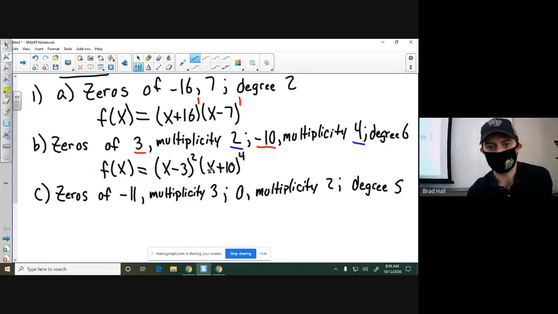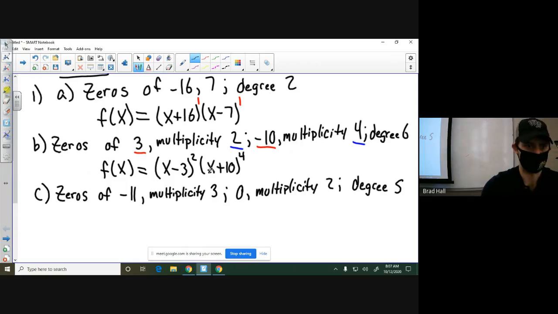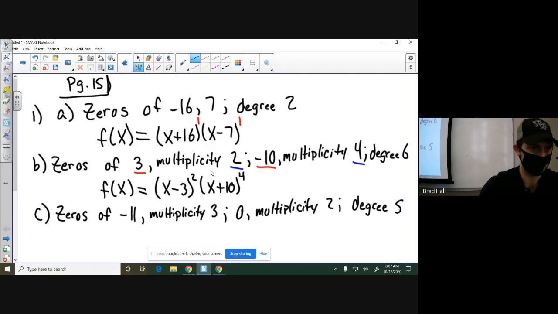Which again, the degree at the end just says if you add up all the exponents, you're going to get that particular number. So you may notice in part B, the 2 exponents were 2 and 4. Add those together, you just get 6. And lo and behold, the degree of that last part is 6. Here, nothing too crazy.